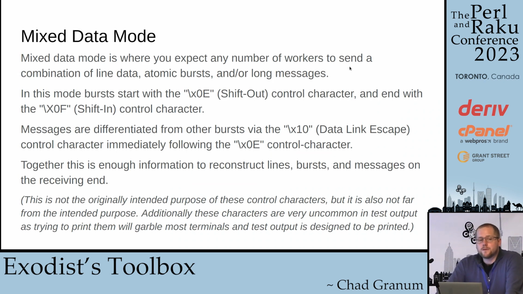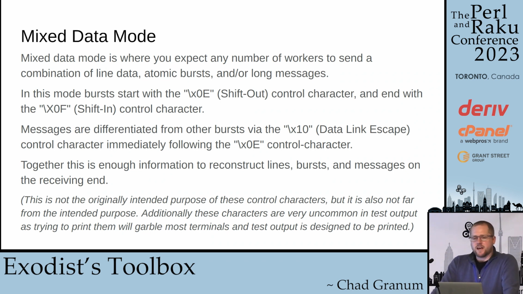But there's also mixed data mode. Mixed data mode is where you expect any number of workers to send a combination of line data, atomic bursts, and or long messages. Line data would be if someone just prints to the pipe. In this mode, a burst starts with a special character, the shift out control character, and ends with the shift in control character. Messages are bursts that have the data link escape at the very start of them.